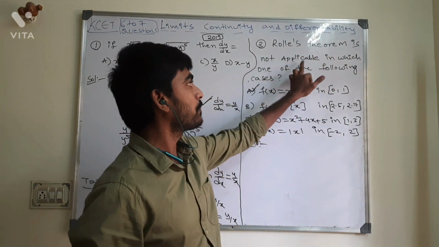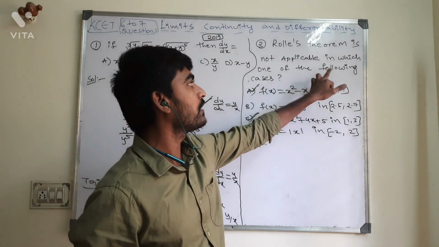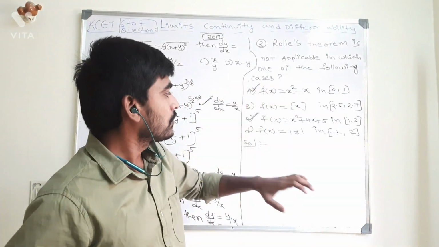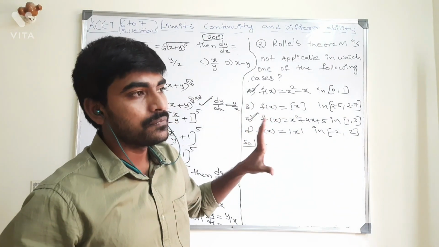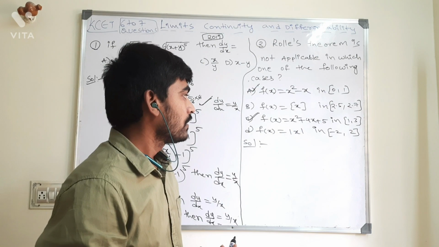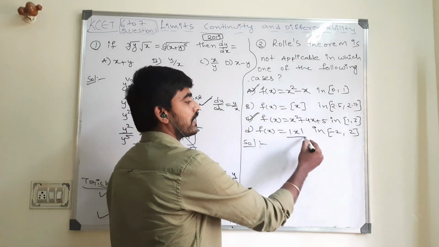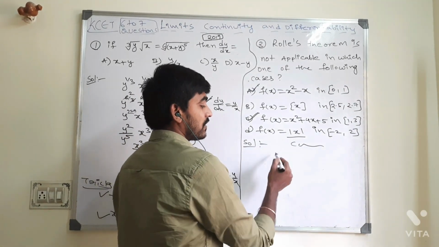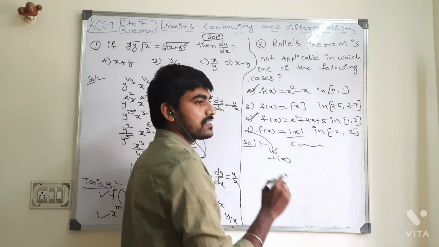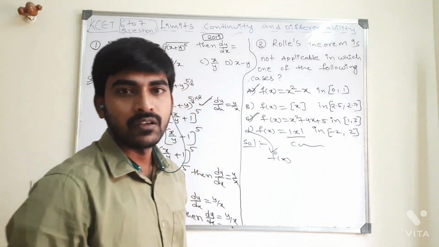Rolle's theorem is not applicable in which one of the following cases? So here, which one is not applicable? Any one option. Which one? See, I hope everyone knows mod x is continuous. But in option D, f of x is modulus x, which is not differentiable. Yes or no?